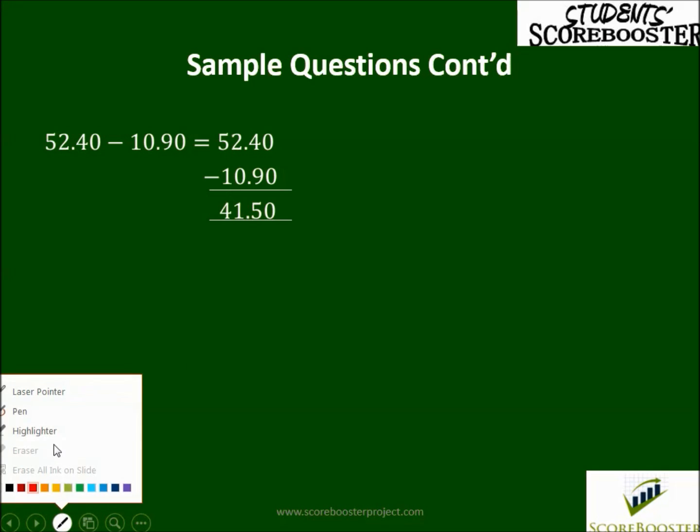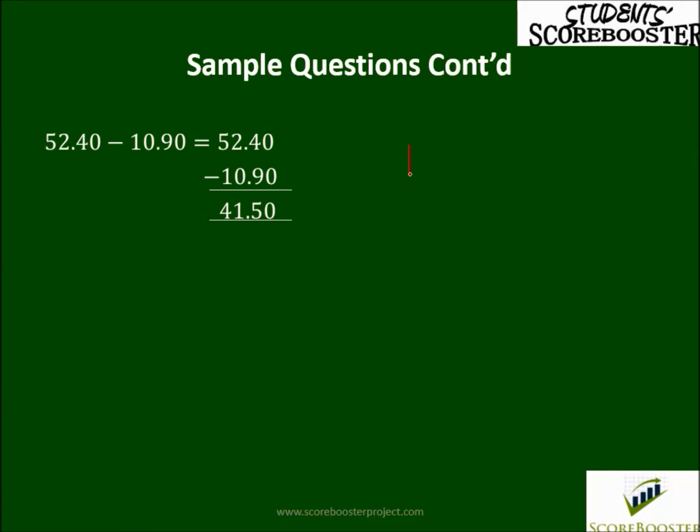To make it clear, when you have 1 divided by 0.1, you have 10. So when you deduct 1 from 52 here, you have 51. When you bring the 1 here, you have 10, because 1 unit here is equivalent to 10 at this position. So you have 14. So 14 minus 9, you have 5, and here it remains 51. So 51 minus 10, you have 41.